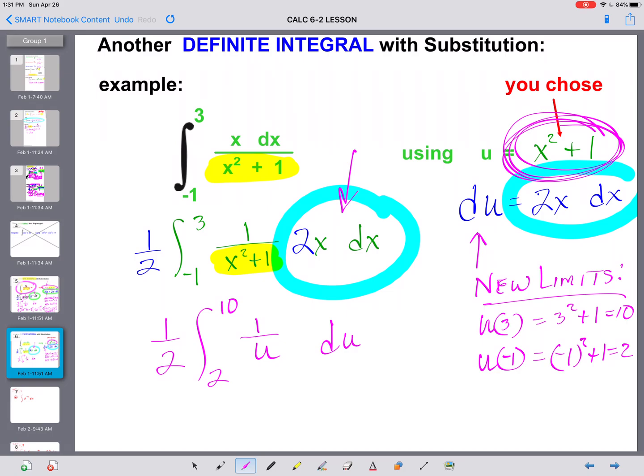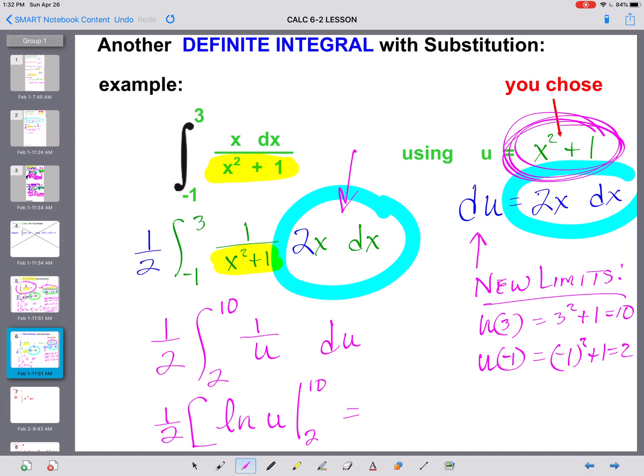Okay, let's go ahead and do it. We got 1/2 bracket, okay, antiderivative. What's the antiderivative of 1 over u? What function, when we take its derivative, we get 1 over u? Oh, it's natural log of u, straight evaluation bar, 2 to 10.